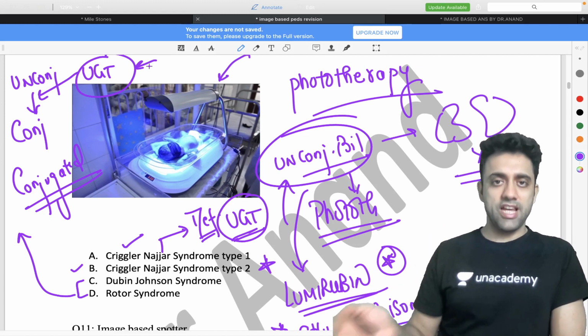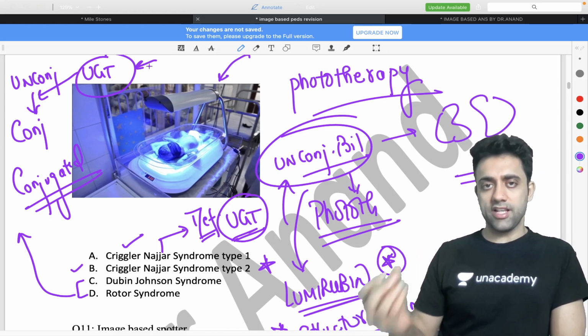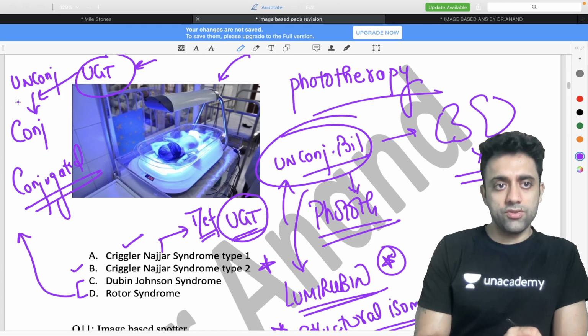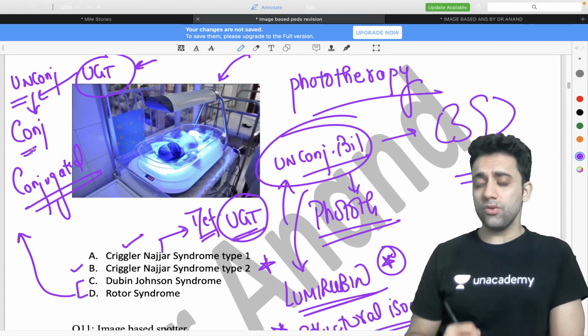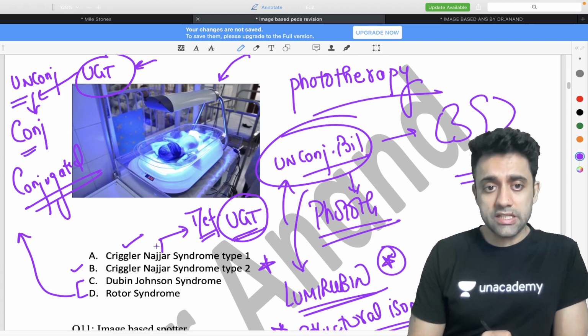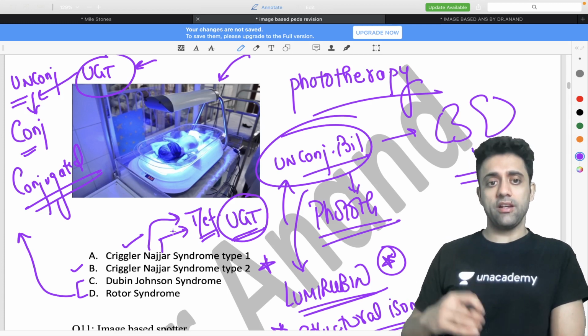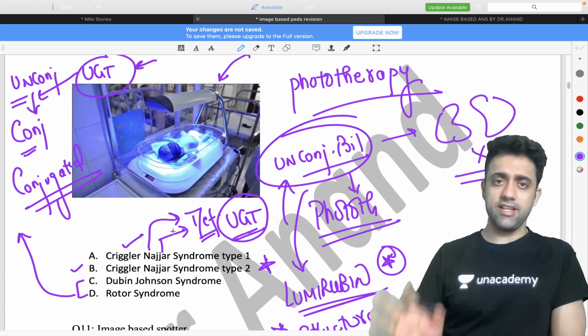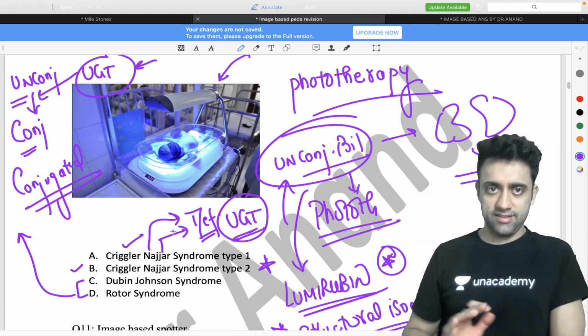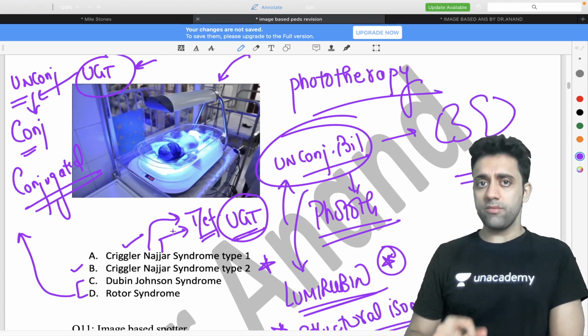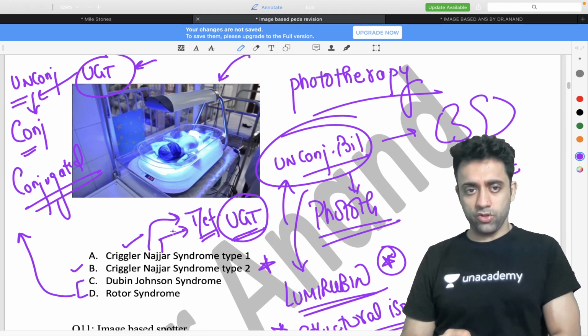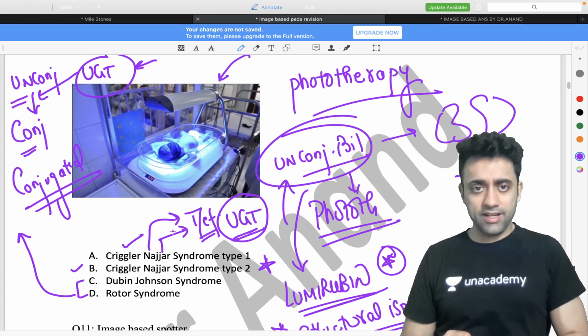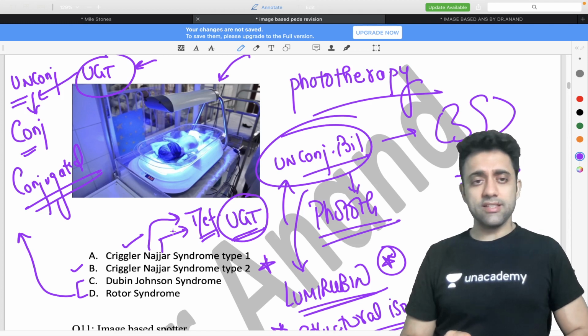So when the UGT enzyme is not there, unconjugated bilirubin cannot get converted into conjugated bilirubin, which leads to unconjugated hyperbilirubinemia.